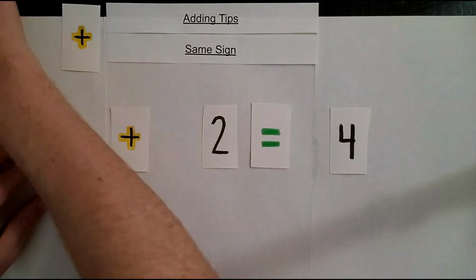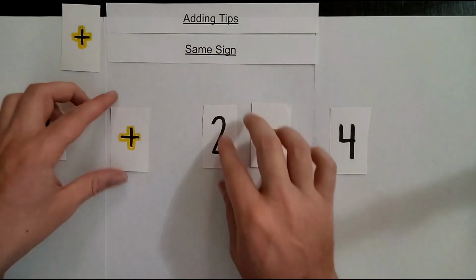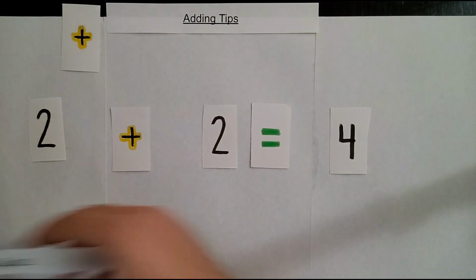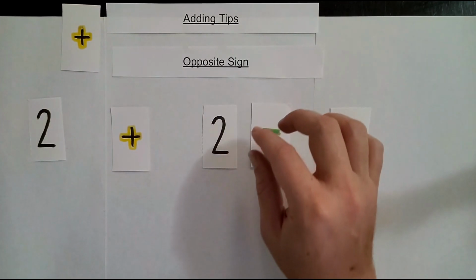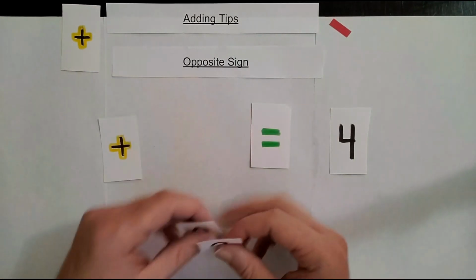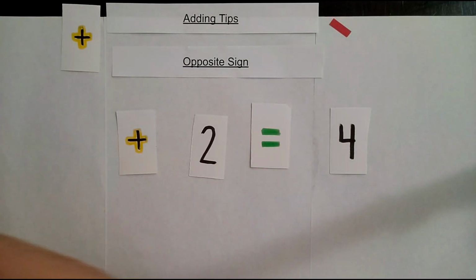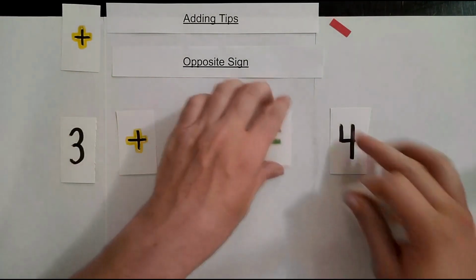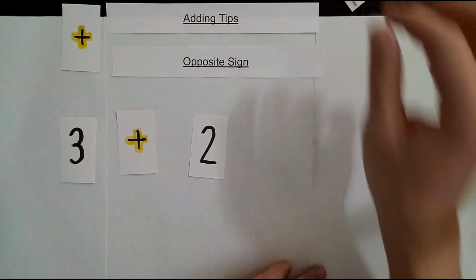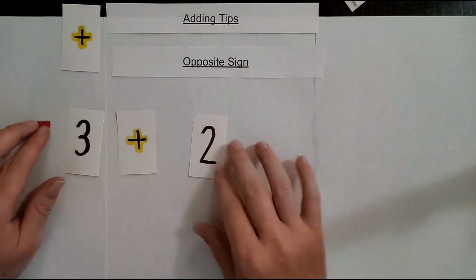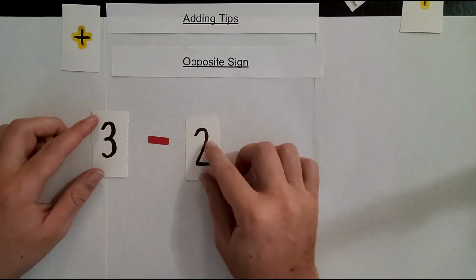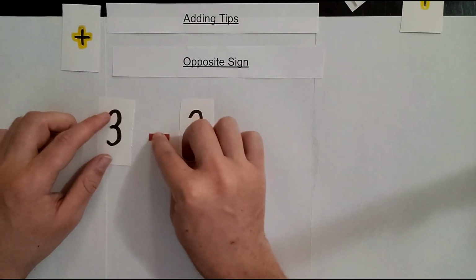While we have this out, though, we're going to go through another addition tip. We're going to go through what to do if these numbers have opposite signs. So we'll change up our numbers here a little bit, and we'll do an easier one to think about first. 3 minus 2.